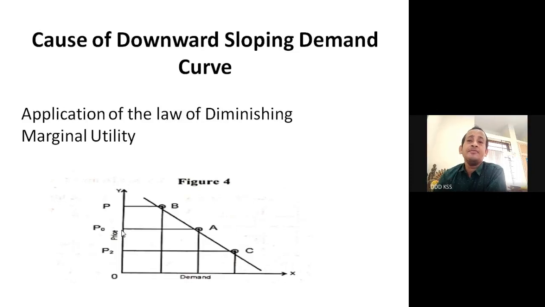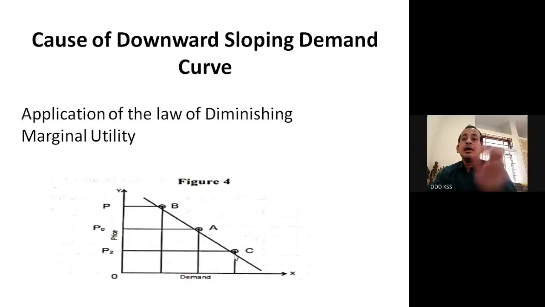If the price reduces and comes down to P2, then the consumer will start consuming more of that particular good, and consumption will increase up to this point C.